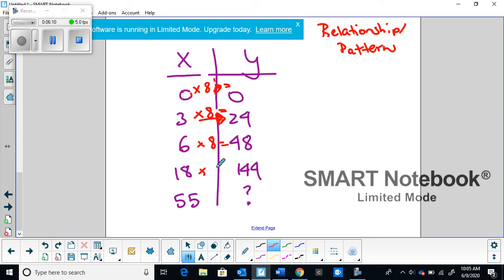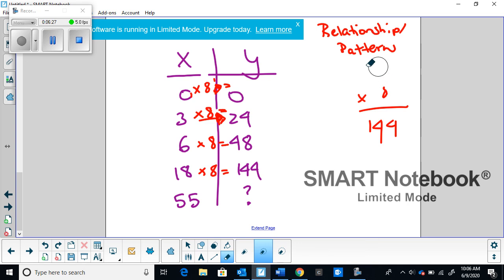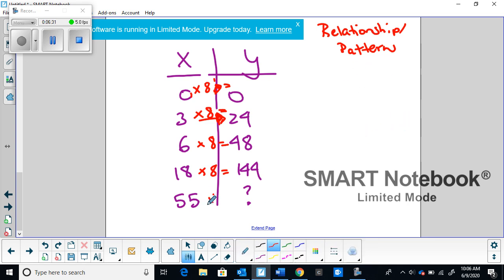That works. 18 times 8 is 144. Wow, that works. Perfect. So then our final one has to be 55 times 8, and that's going to give me my question mark. That's going to fill in the pattern.